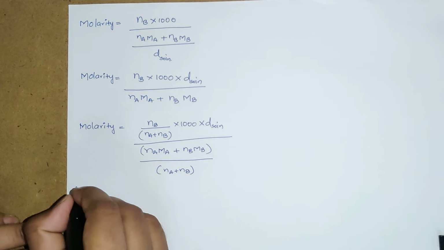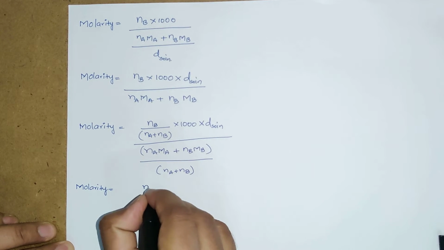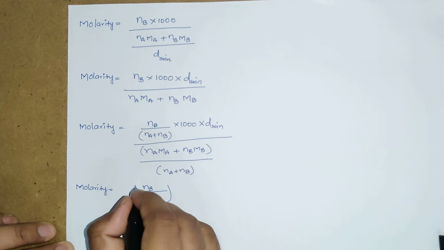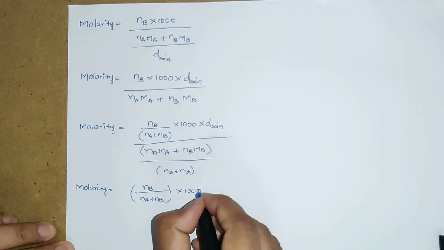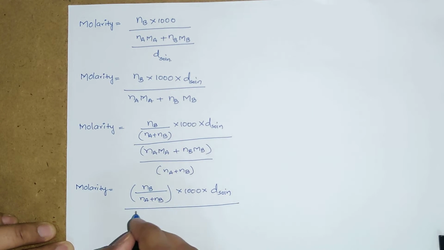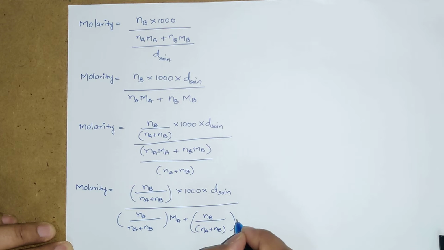Just rearranging this equation, we get molarity is equal to Nb by Na plus Nb into 1000 into density of solution divided by Na by Na plus Nb into Ma plus Nb by Na plus Nb into Mb.